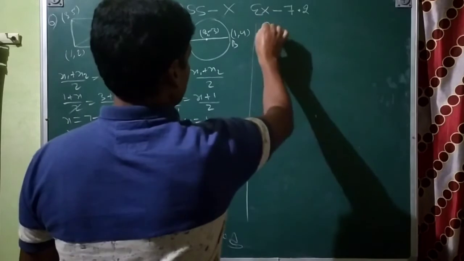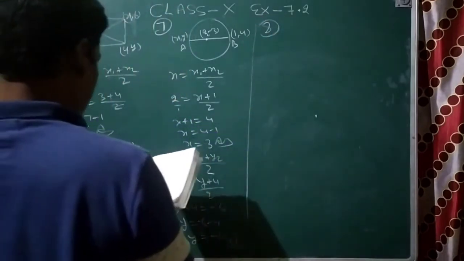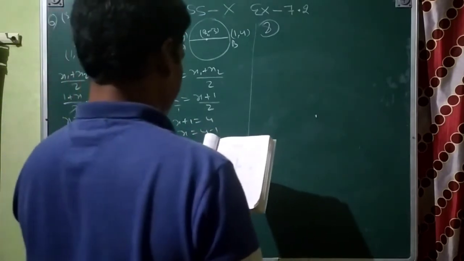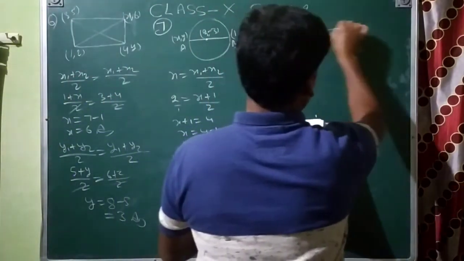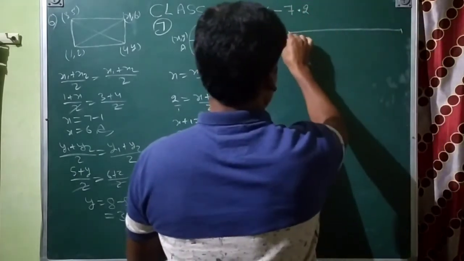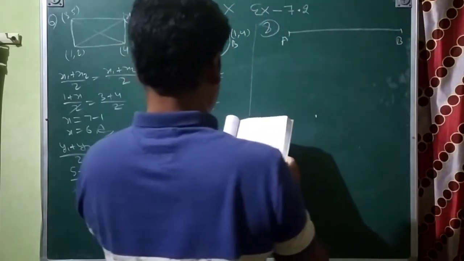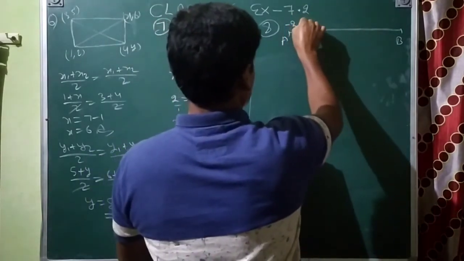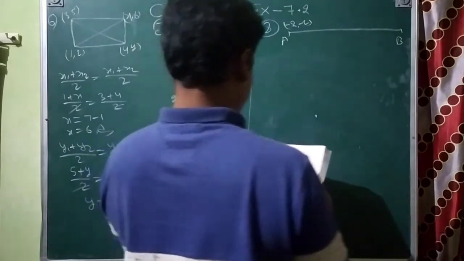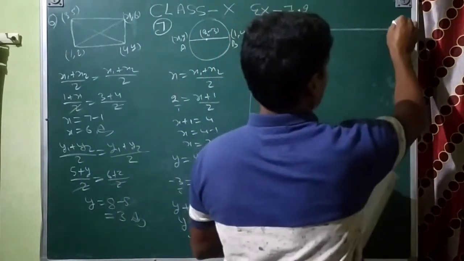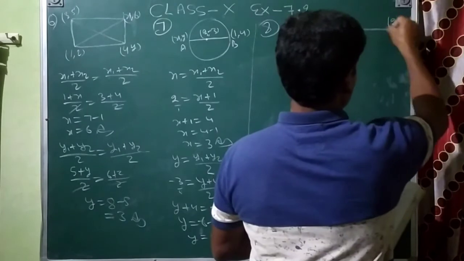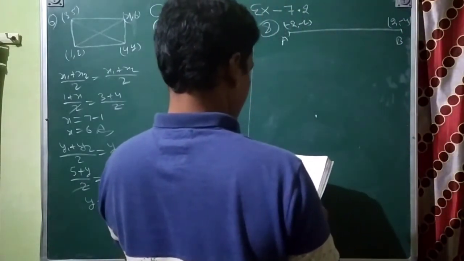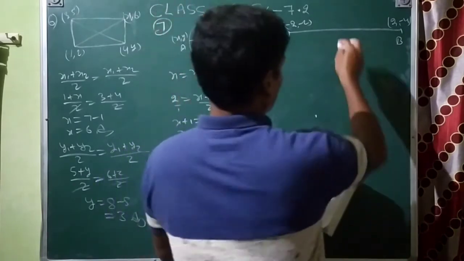Eighth question is that AB is given, and the coordinates are A (minus 2, 2) and B (minus 2, minus 4)... Let's find the coordinate of P such that AP is equal to 3 upon 7 AB.